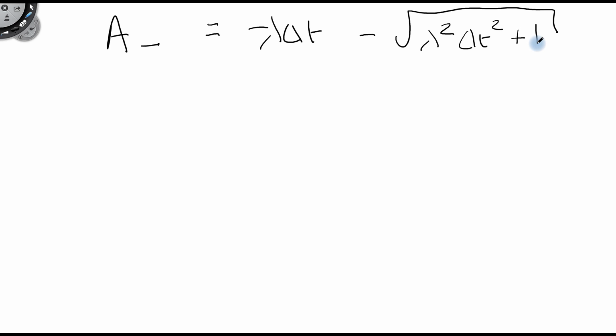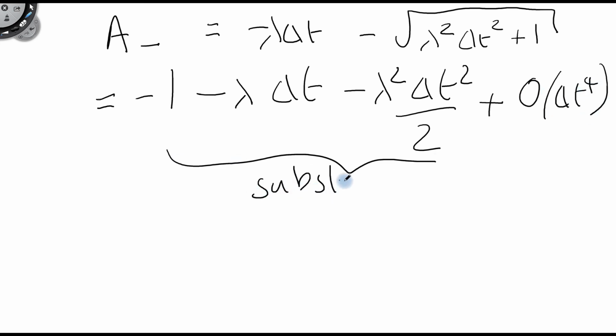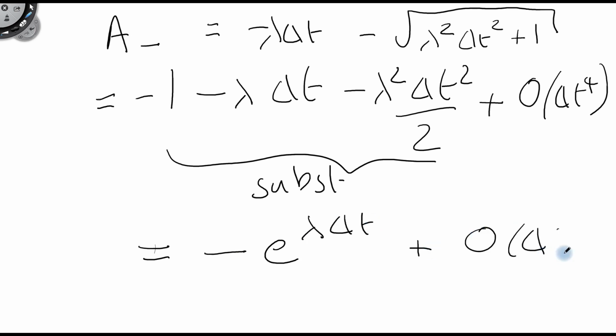And we do the same process, expand this square root, and that gives us minus 1 minus lambda delta t minus lambda squared delta t squared on 2 plus order delta t to the 4 again, and then we substitute for this, but this time the signs are different. It actually gives you minus e to the plus lambda delta t plus order delta t cubed, sorry.